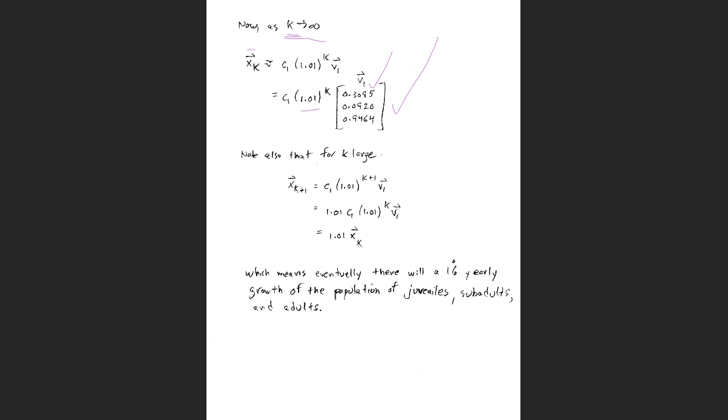And we note that when k is large, the number of juveniles, subadults, and adults in the k plus first month would be approximately equal to 1.01 times the number in the kth month. And therefore, eventually there's going to be a 1% yearly growth in the population of juveniles, subadults, and adults for this owl population. Okay, and so that gives us some optimism.